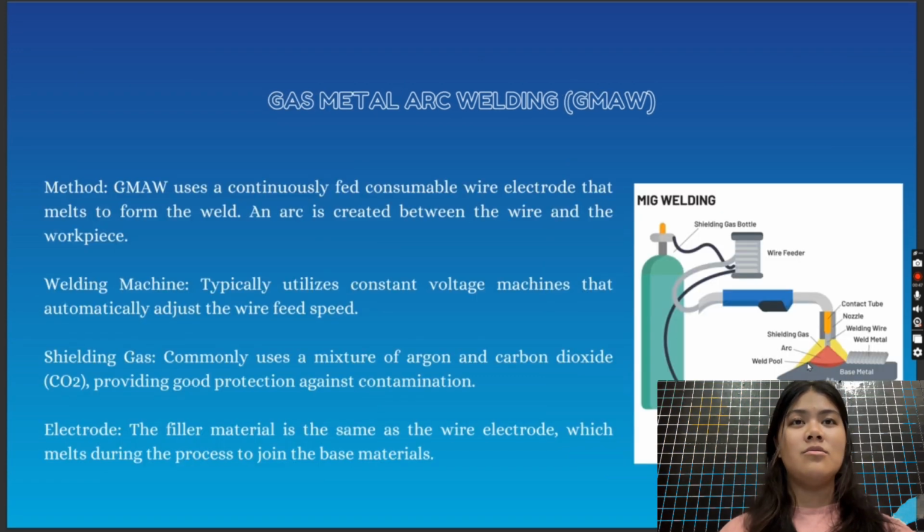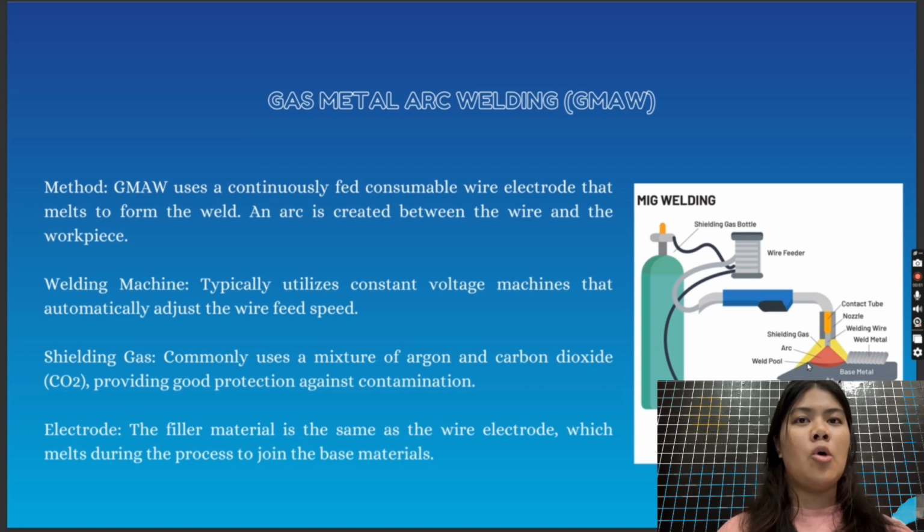GMAW uses a continuously fed consumable wire electrode that melts to form the weld. An arc is created between the wire and the workpiece. The welding machine for GMAW is typically a constant voltage machine that automatically adjusts the wire feed speed.